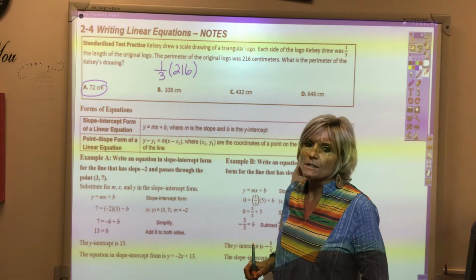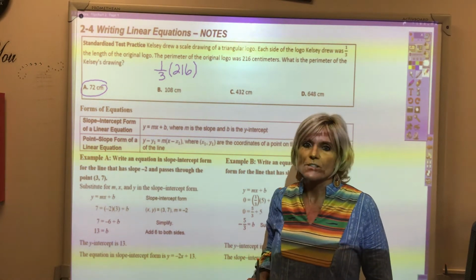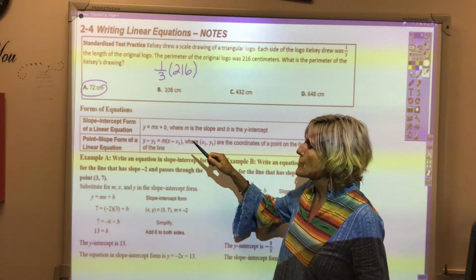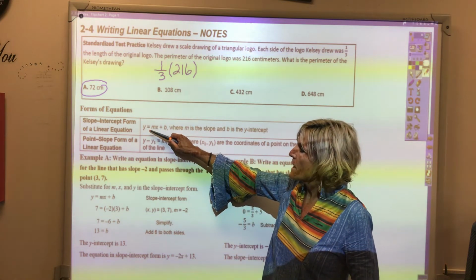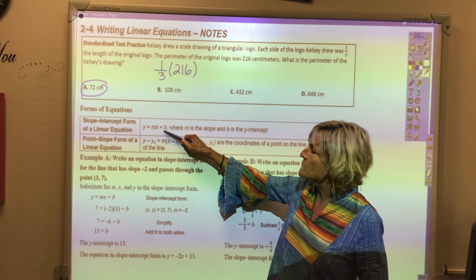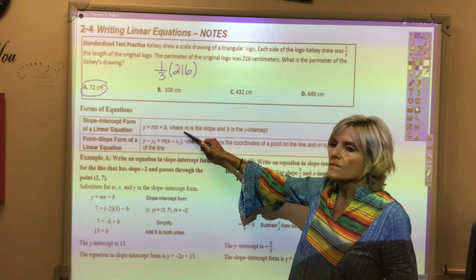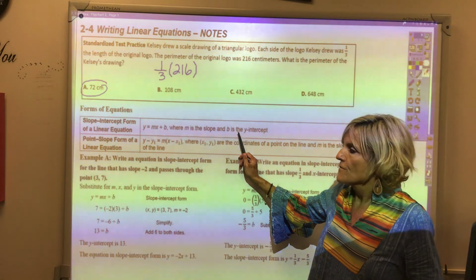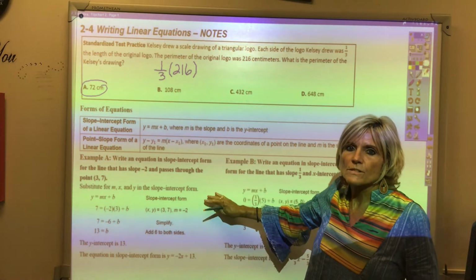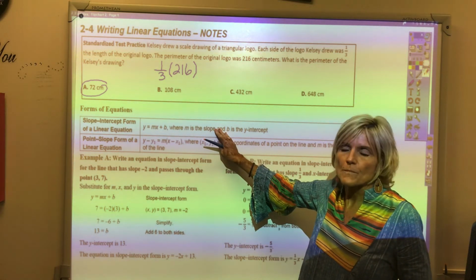Okay, so today we're going to talk about two different forms of equations. The first is the slope-intercept form of a linear equation. It is represented by y equals mx plus b, where m is the slope and b is the y-intercept. The first page of our notes will deal with the slope-intercept form.